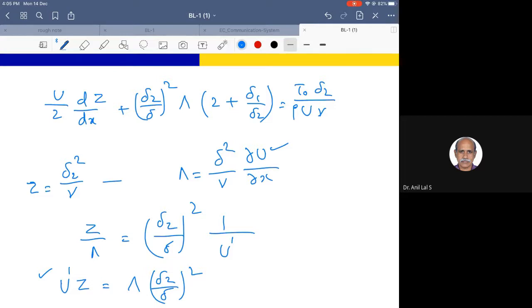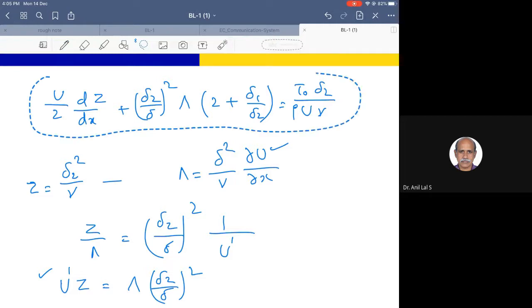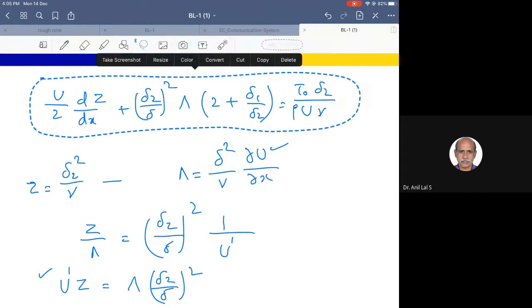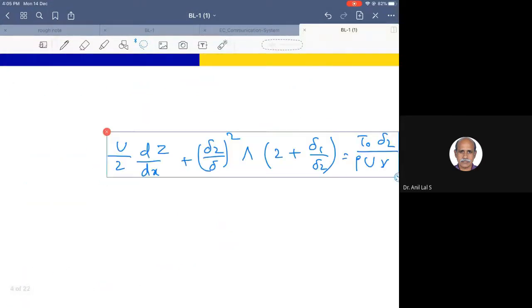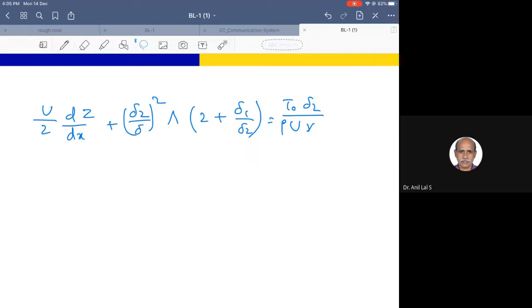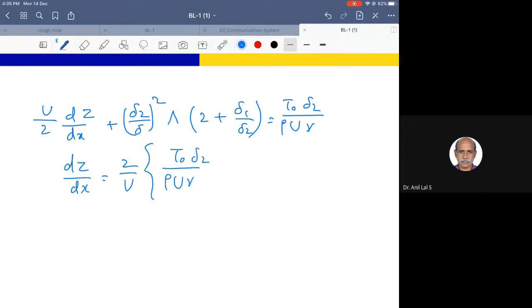This equation is again rearranged to write dz/dx. So I have dz/dx equal to 2 by U whole into tau 0 by rho U nu delta 2 minus delta 2 by delta the whole squared lambda into 2 plus delta 1 by delta 2.